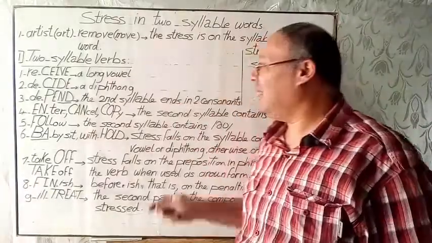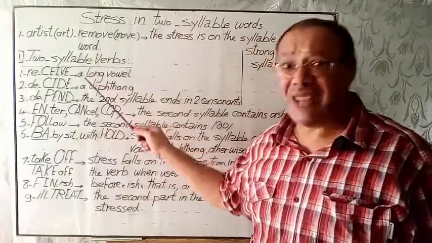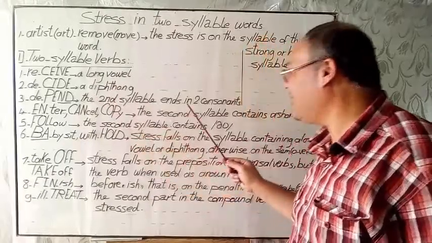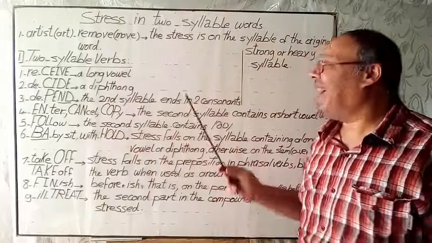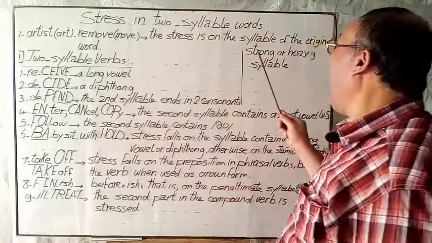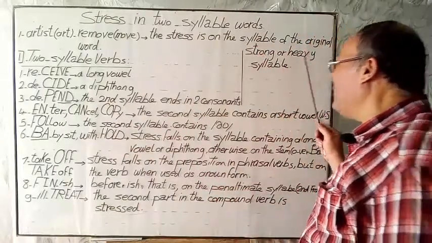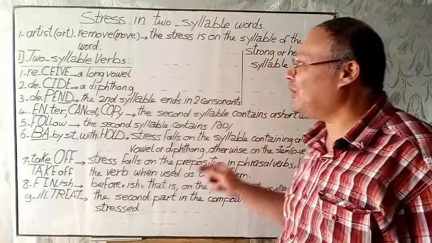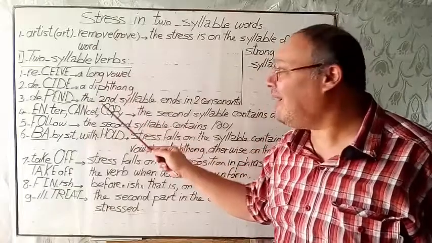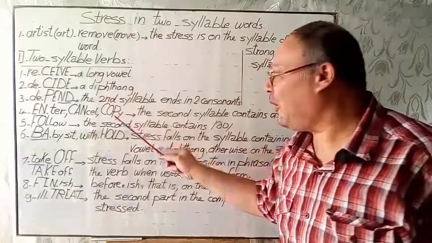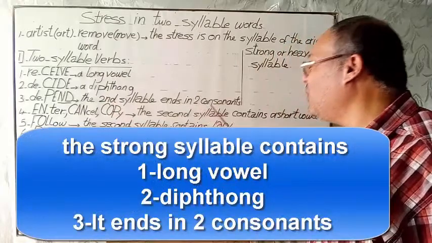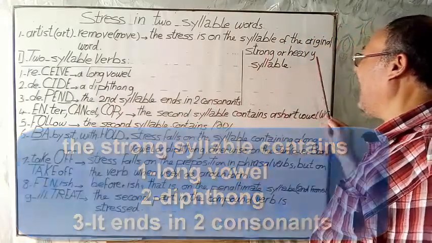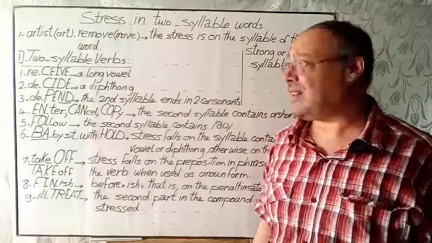The syllable that contains a long vowel or diphthong or ends in two consonants is called a strong or heavy syllable. Consequently, the strong or heavy syllable is stressed.